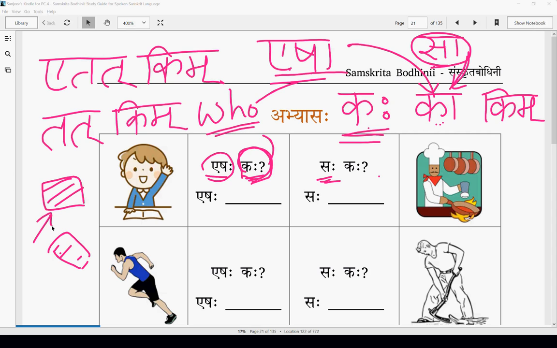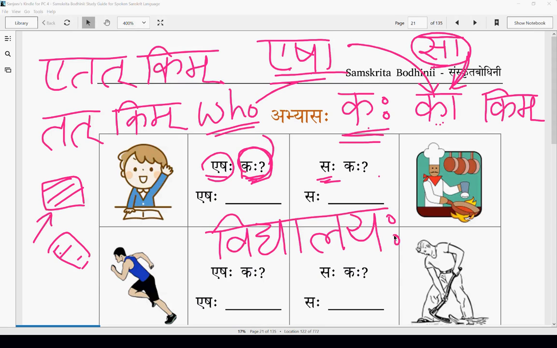Or if it is a school building, we can say Eshaha Vidyalayah, because Alaya means place of residence generally. Vidyalayah for school is a Pullinga word, so we can use Eshaha Vidyalayah. Though the question is Etat kim, the answer could be three different things, any gender.